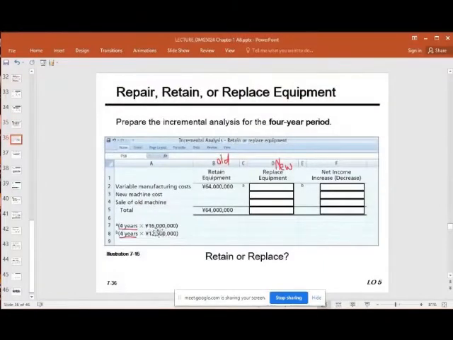That's what they've given to you here. 4 years times 16 million, you get 64 million. If you buy the new machine, you times the 4 years, you get 50 million. 64 million and 50 million. This is how you get it. 4 years times 16 million, 4 years times 12.5 million.